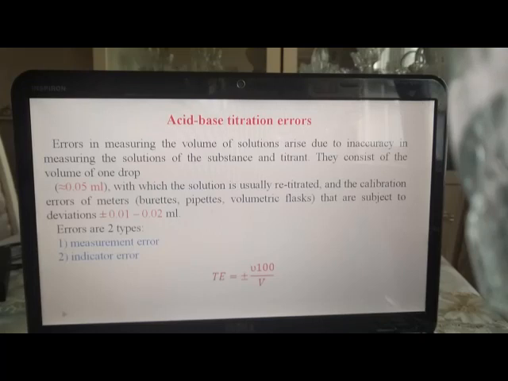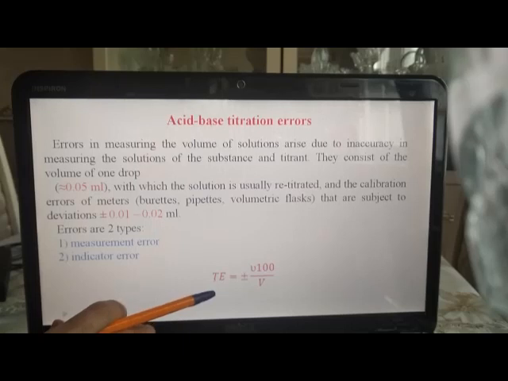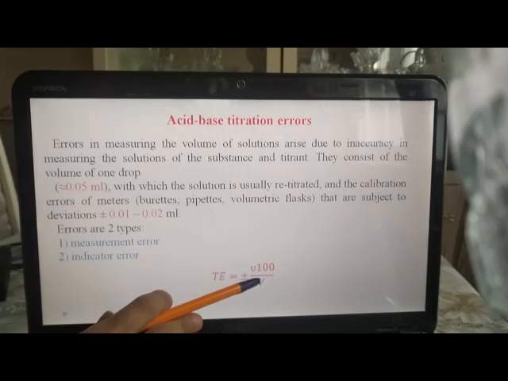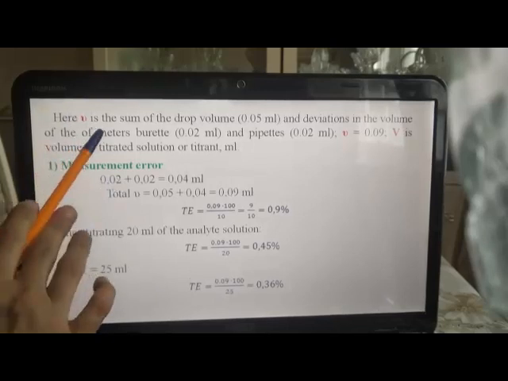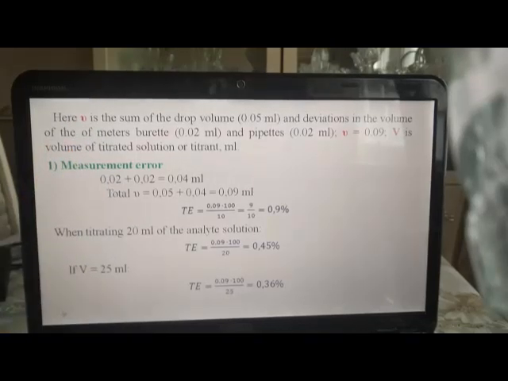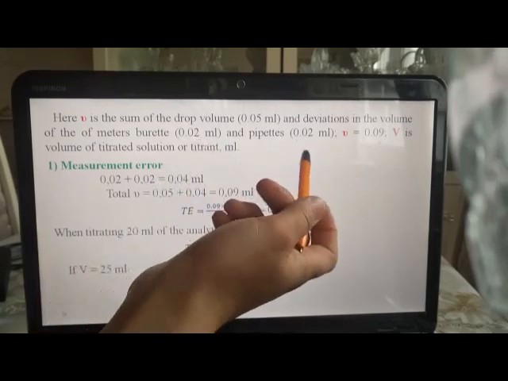They are measurement error and indicator error. It is denoted TE, the titration error. It is equal to plus or minus nu multiplied by 100 divided by volume V. Here nu is the sum of the drop volume, 0.05 milliliter, and deviations in the volume of the measuring vessels: burette 0.02 milliliter and pipette 0.02 milliliter.